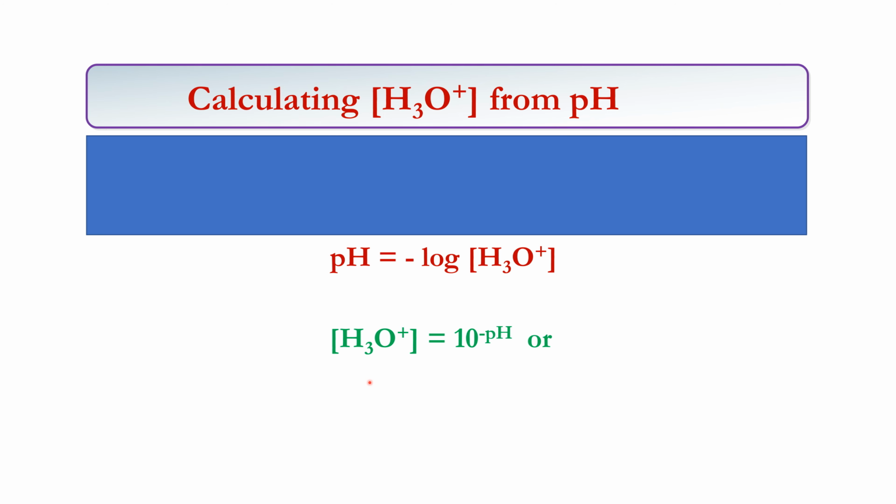It simply means that for you to calculate hydronium ion concentration, you must know the pH. And it is important to remember that there is a negative sign as well. So once you know the pH, using this formula, which we derived from the pH formula, you can calculate the hydronium ion concentration.